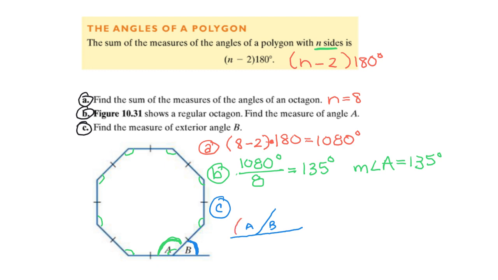So angle A plus angle B creates the straight line right here. Therefore, they're called supplementary angles.